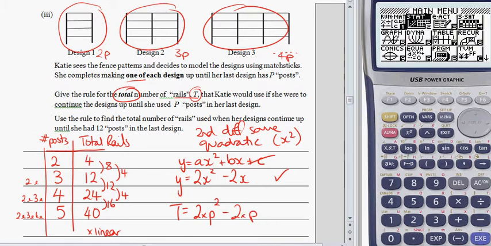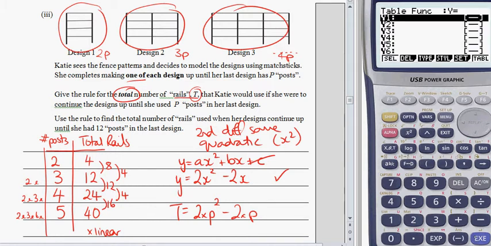Now a way we could check that is to go into the table menu, type in this formula, 2 times x squared minus 2 times x, and enter it.